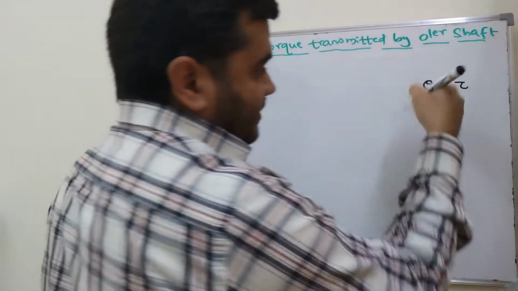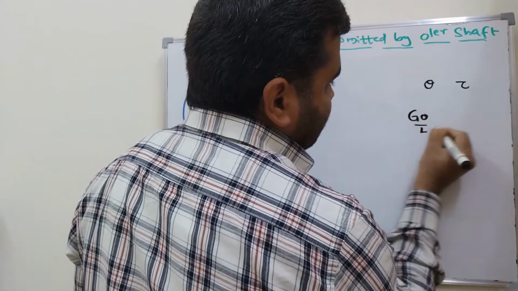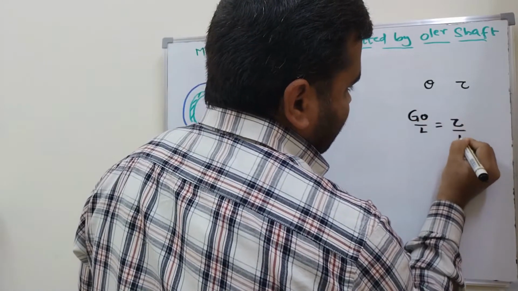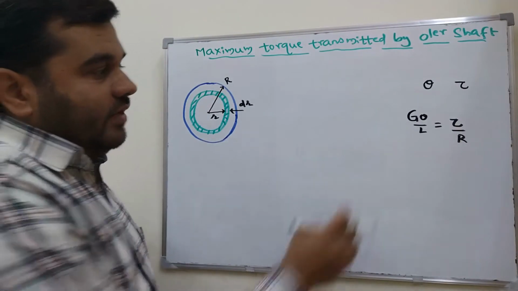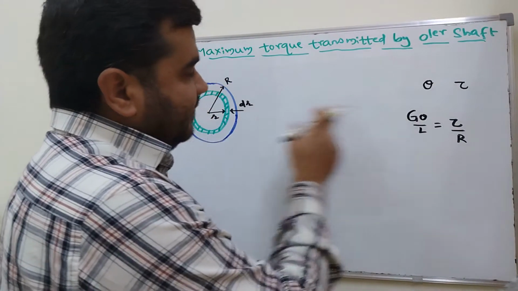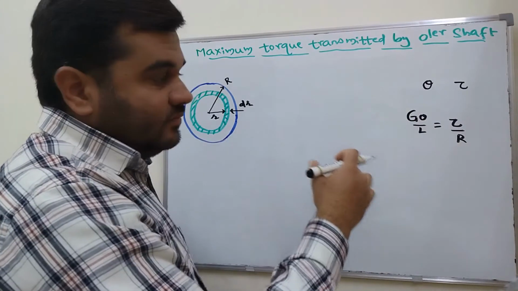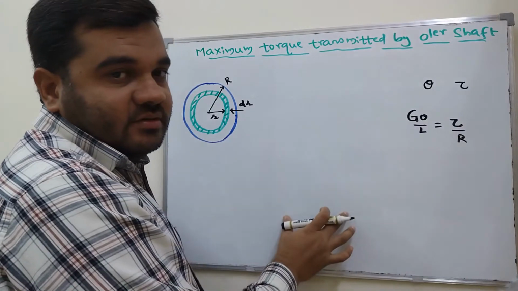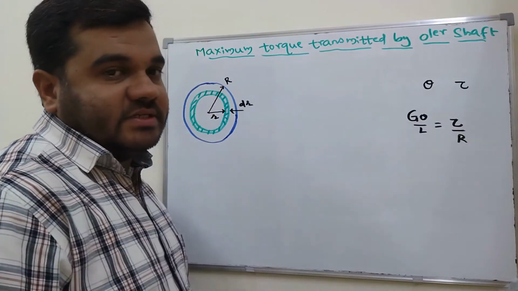That is, I'll write here: G theta by L equals tau by r. This relation we derived in the previous video, where G is the modulus of rigidity of the shaft, theta is the angle of twist, L is the length of the shaft, that is the circular shaft, and tau is the maximum shear stress.